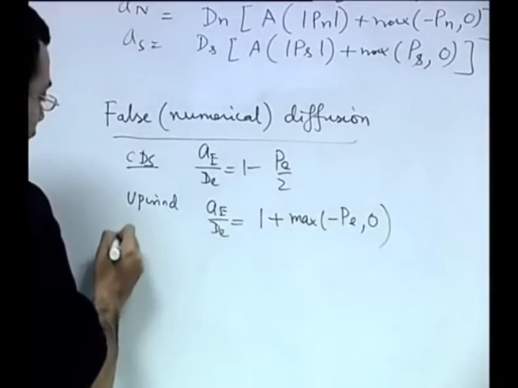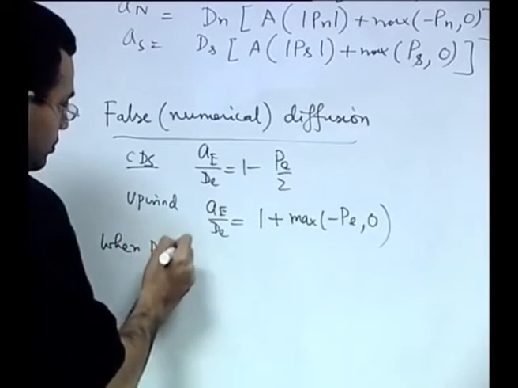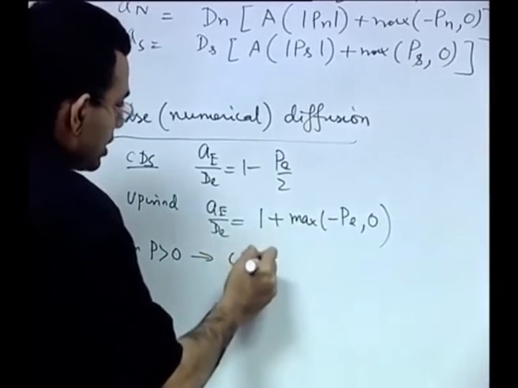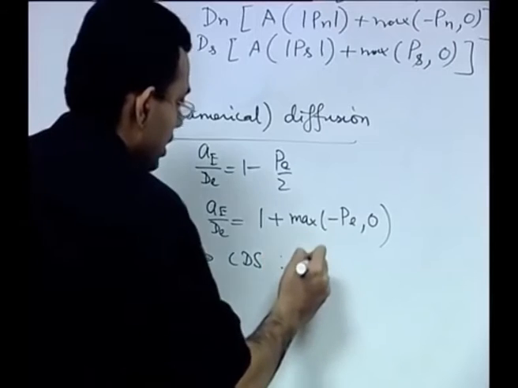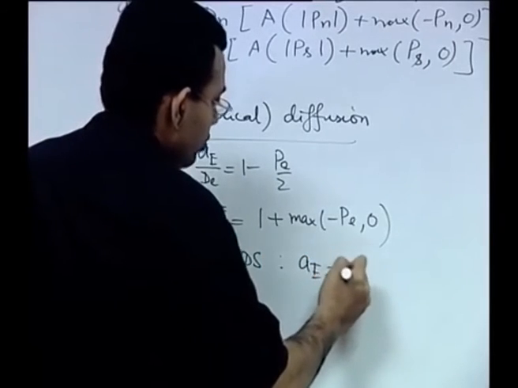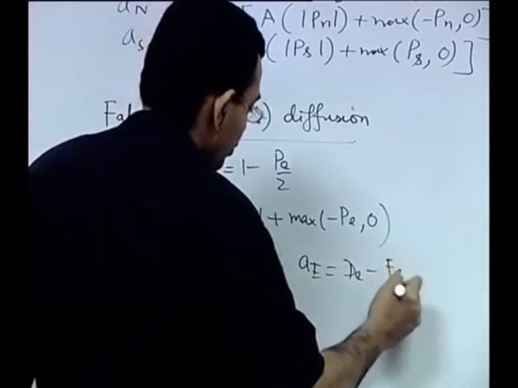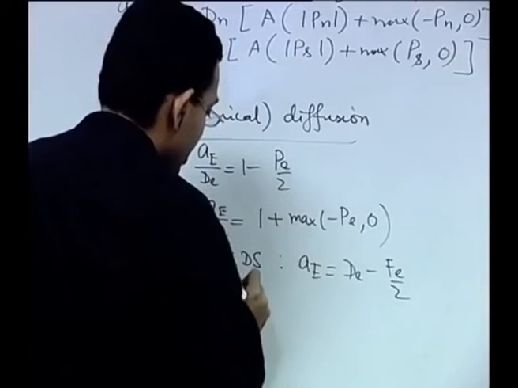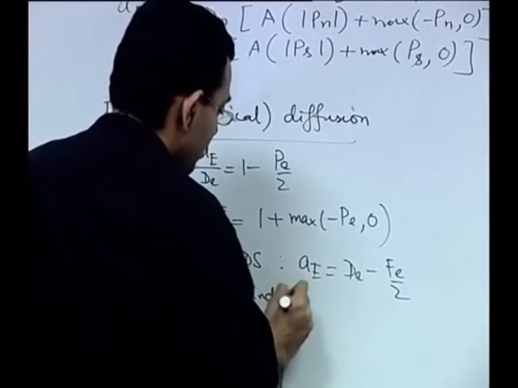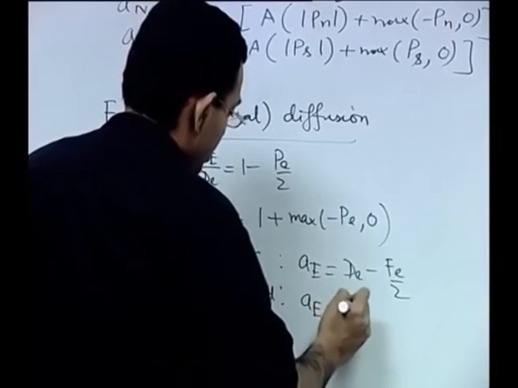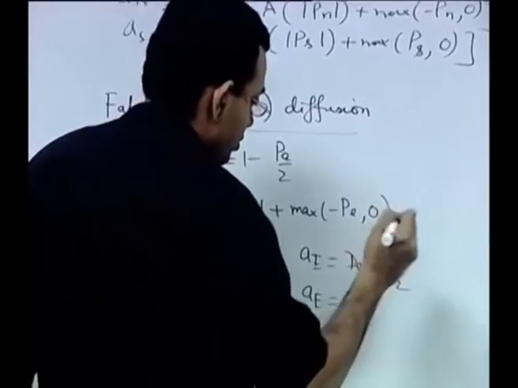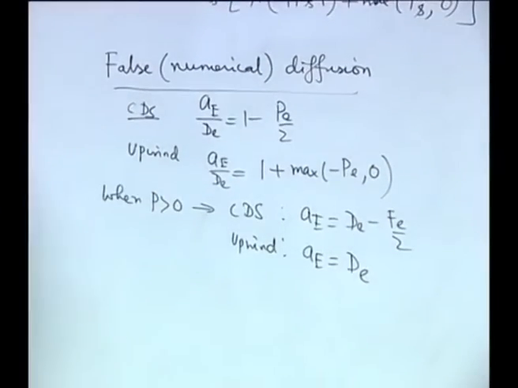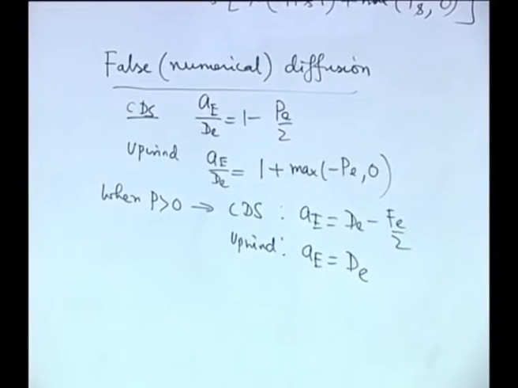So when P is greater than 0, central difference scheme gives AE is equal to DE minus FE by 2, and upwind scheme gives AE is equal to DE, right.